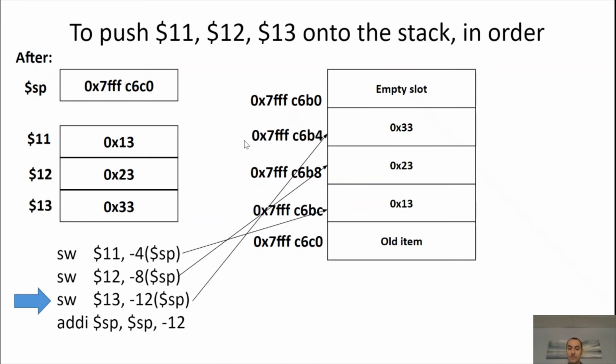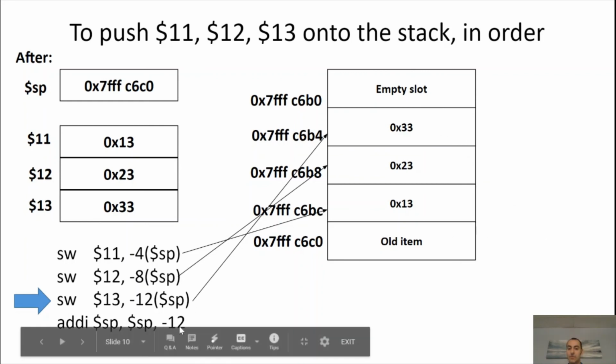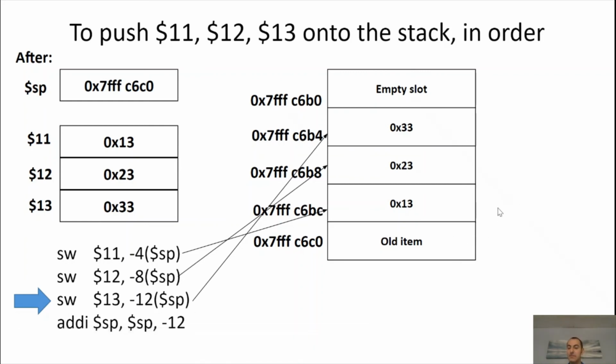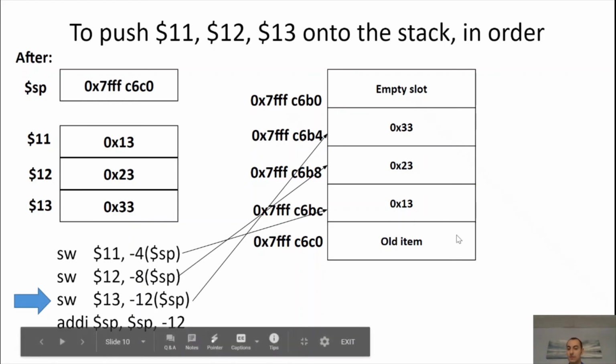So how do we update that? It's currently pointing here, and all we need to do is move it 3 locations. Each of them is 4, so that's 12. So it's going to go minus 12 and that's going to be here. Also, you can look at the last offset that you had.